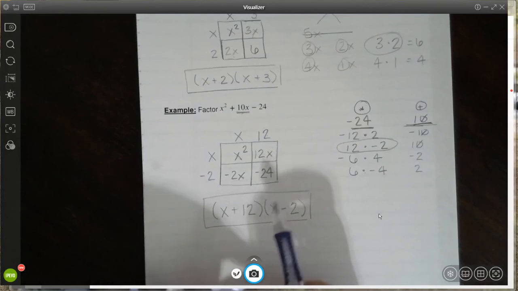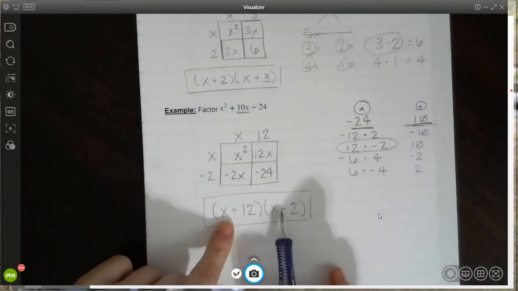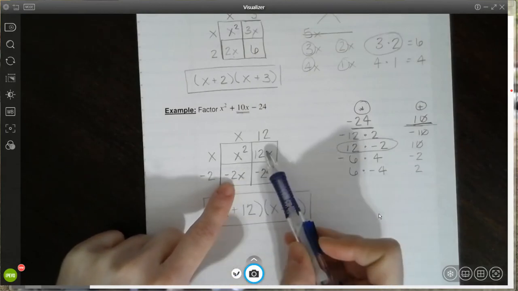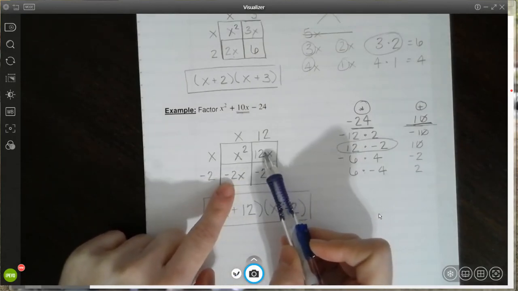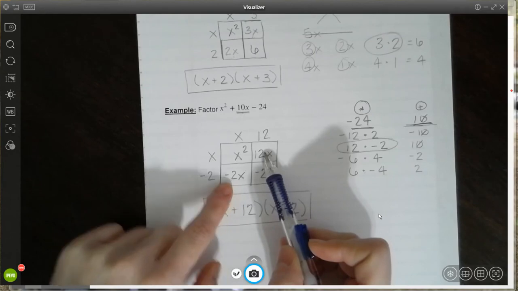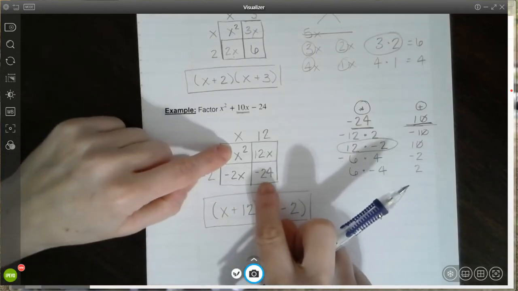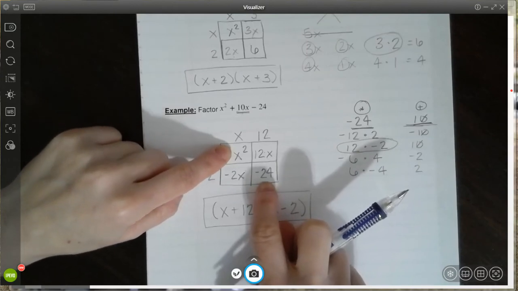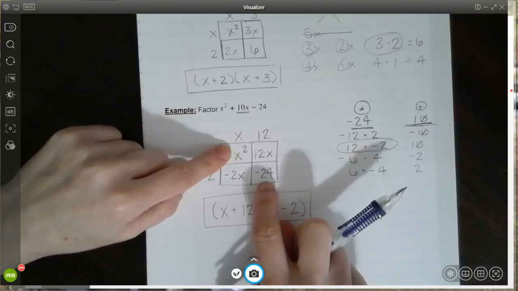It does not matter what order you write these in. It does not matter if you put 12x down here and negative 2x up here in that corner. What does matter is where these two things go first, because then you will follow along the same process that I just did in all three of those examples.